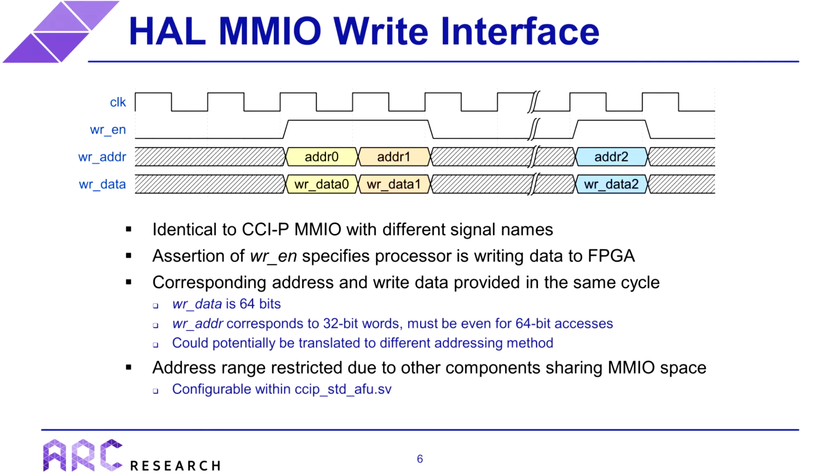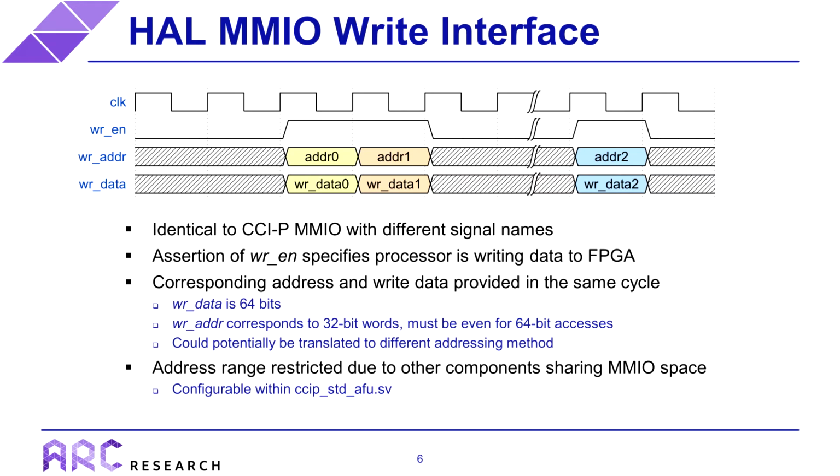So again, we have a write enable signal that specifies when the processor is trying to write data into the FPGA. And along with that write enable signal is a write address, which specifies the address that the processor is trying to write into. Along with that address is a write data signal that is the data that wants to be written to the corresponding address.